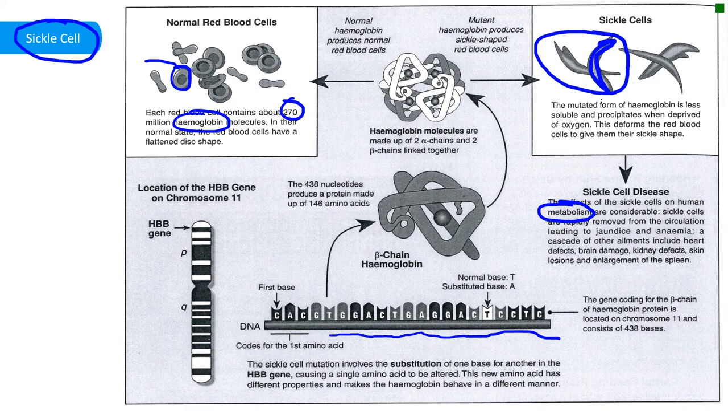But your task is really to explain how that happens, and if you've understood the previous videos, you should very well understand why sickle cell is caused, because here's the copy of the DNA.